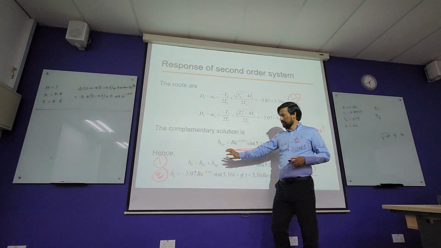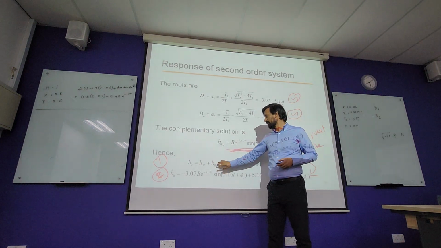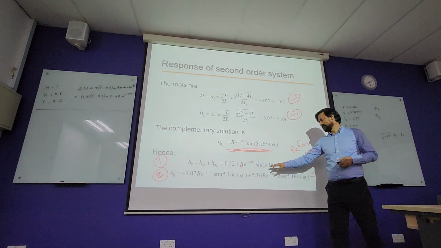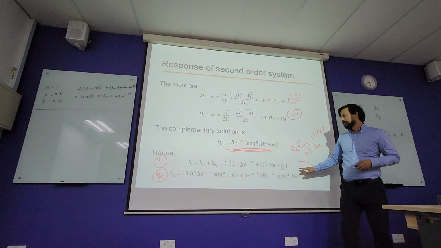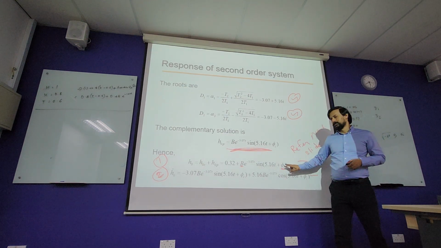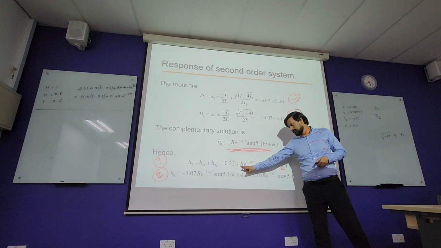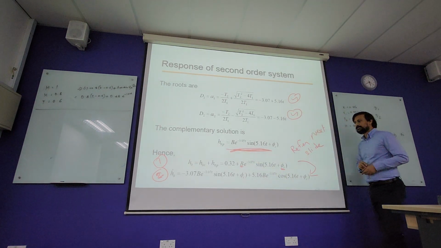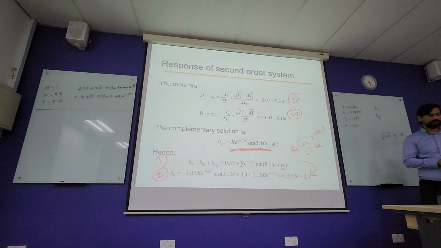So your particular solution is 0.32, and this part is nothing but this. So here there are unknowns, phi for the complementary part as well as b. Two unknowns are there in this second order system.